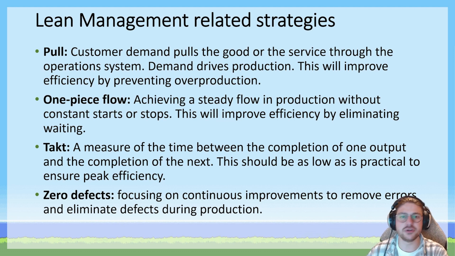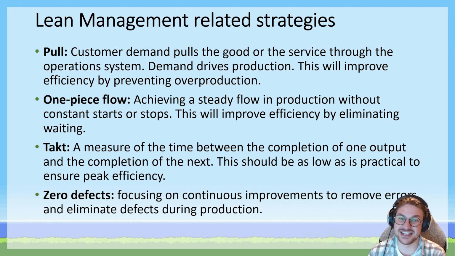Certainly, if you implement pull, you'll probably be operating only when demand increases. But your takt time should be as short as possible without being shortened at the expense of increasing defects or risking oversupply.